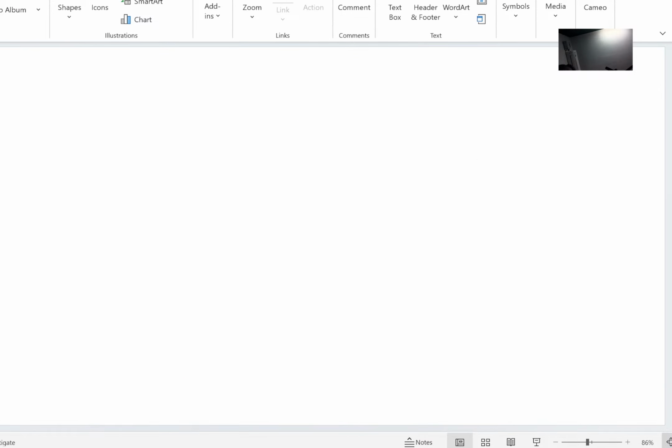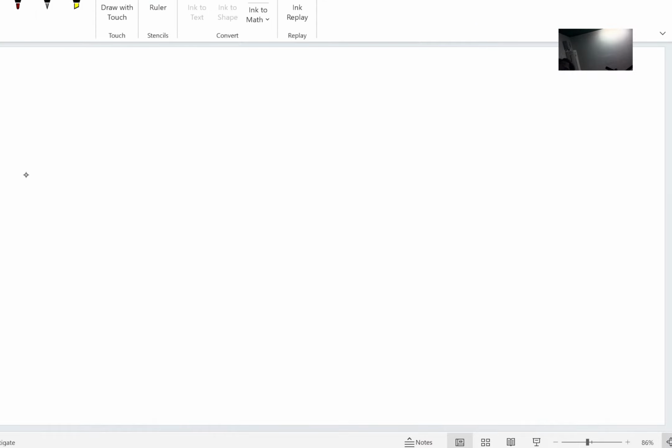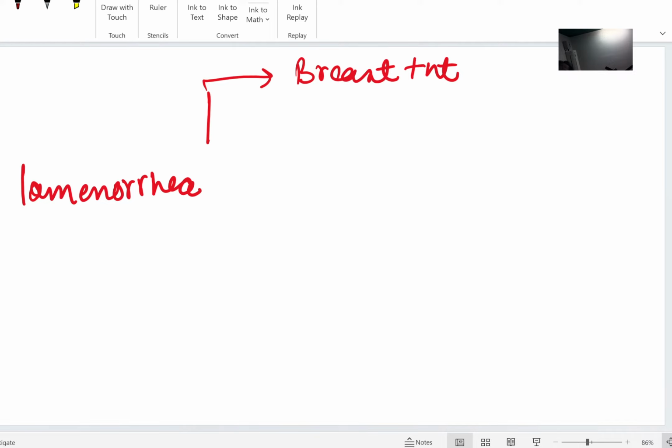If a patient of primary amenorrhea comes to you, you have to see whether the breast is present and uterus is present or not.